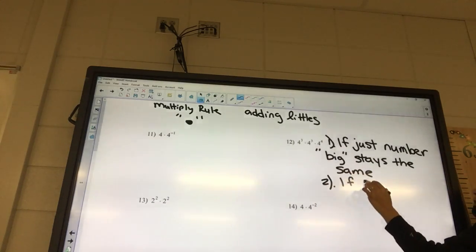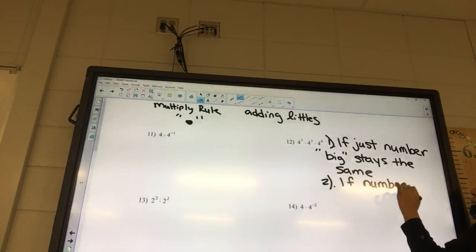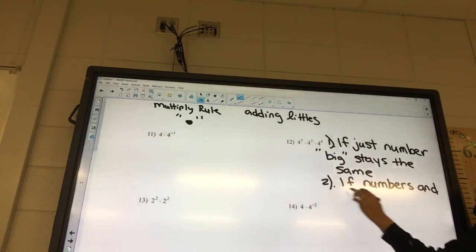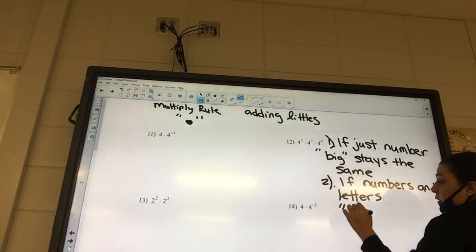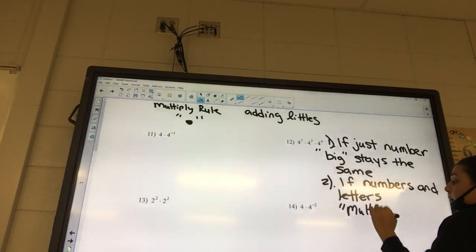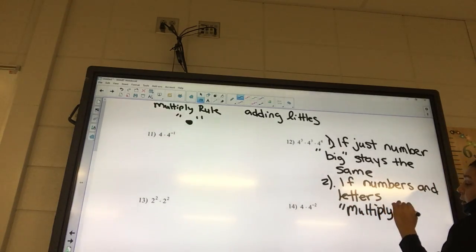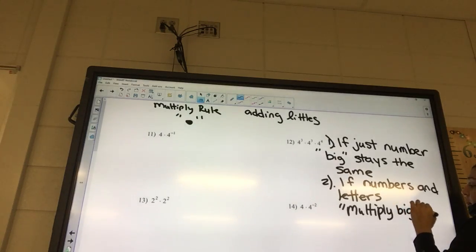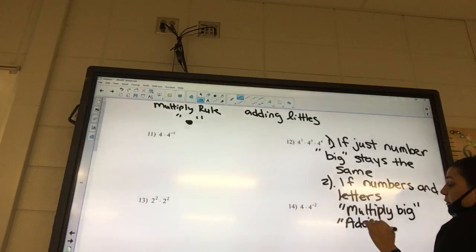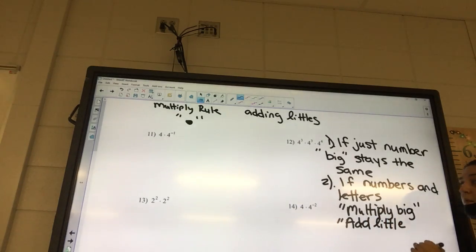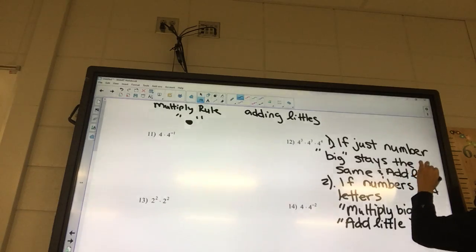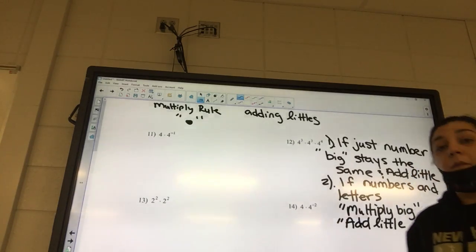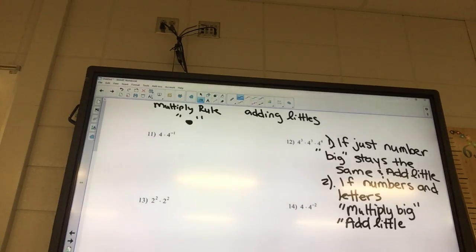If it's numbers and letters, you're gonna multiply the bigs and then add the littles.